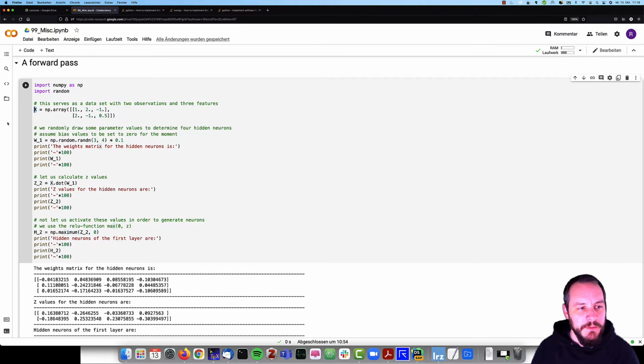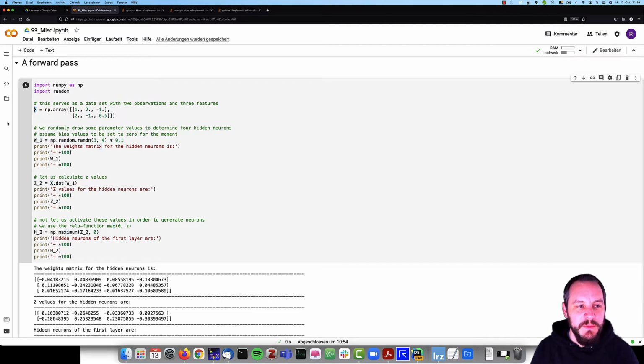And now assume we want to generate 4 hidden neurons. Then the only thing we care about is the dimensionality of the weight matrix that we need. If our input is a 2 times 3 matrix, and we want to end up having a 2 times however many hidden neurons we want, in our case 4, then we need a 3 times 4 weight matrix.